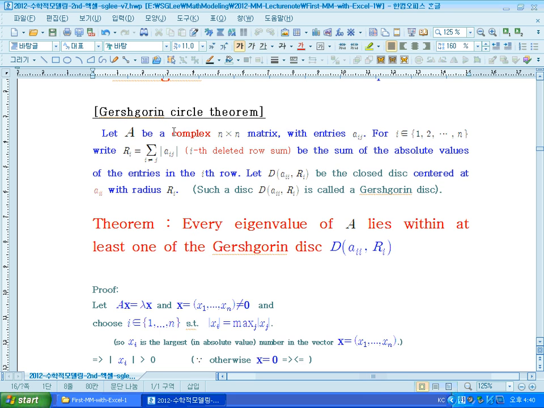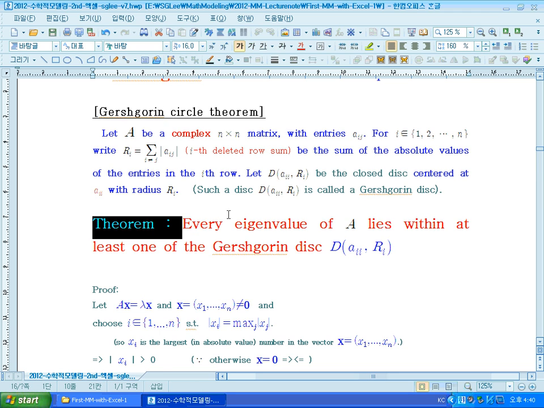Okay, if A is a complex n by n matrix, then D(a_ii, R_i) is a closed disk centered at the complex number a_ii with the radius R_i, the ith deleted row sum. Such a disk is called a Gershgorin disk.